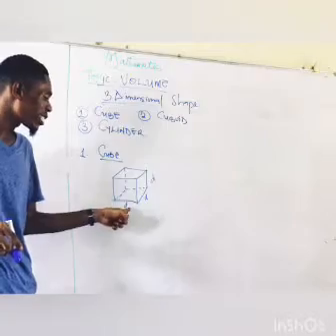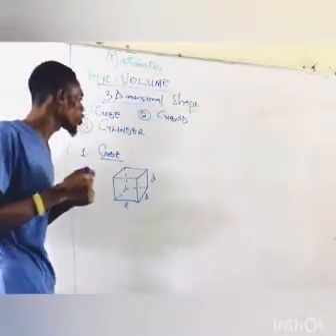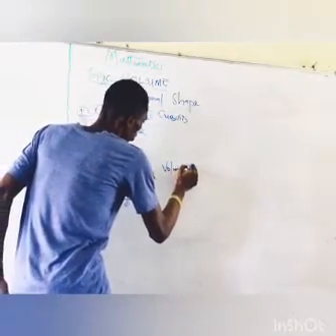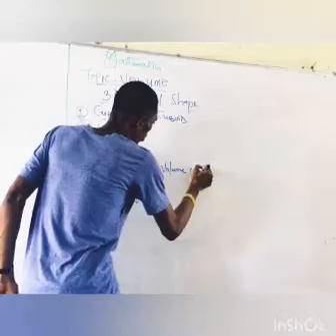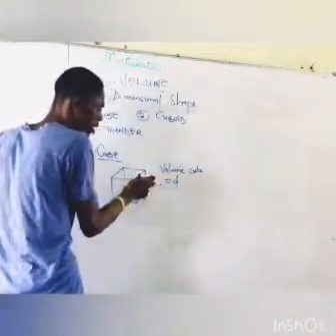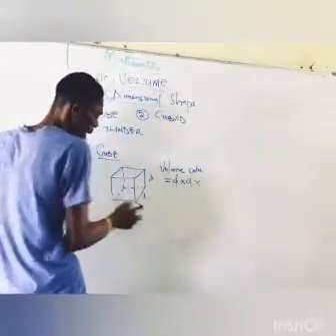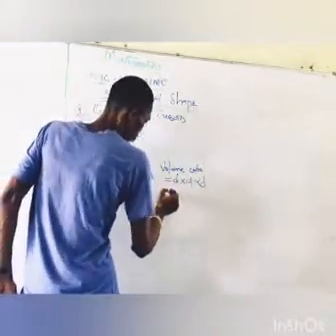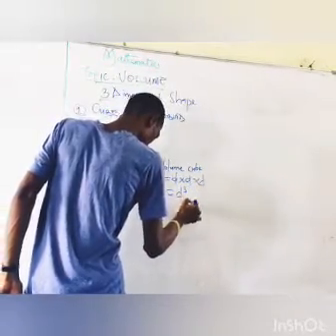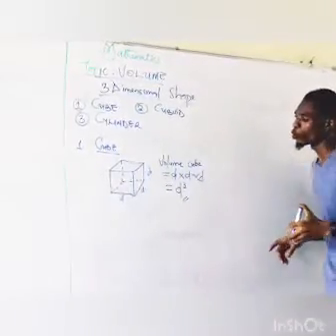So if this side is D, this side will be D, and this side will be D. Now, the volume of the cube will be equal to what? D multiplied by D multiplied by D. So it will give us D raised to the power of 3. That is the formula for calculating the volume of the cube.